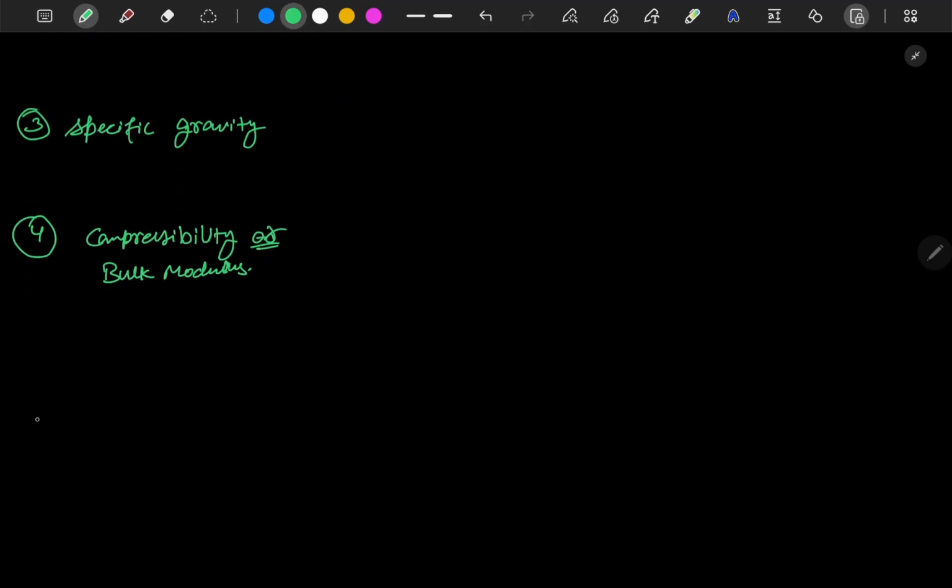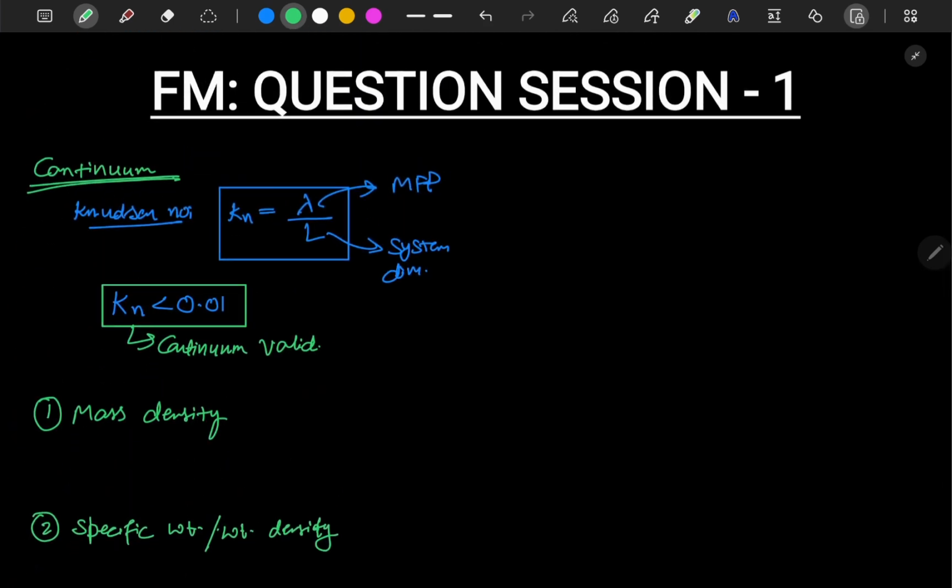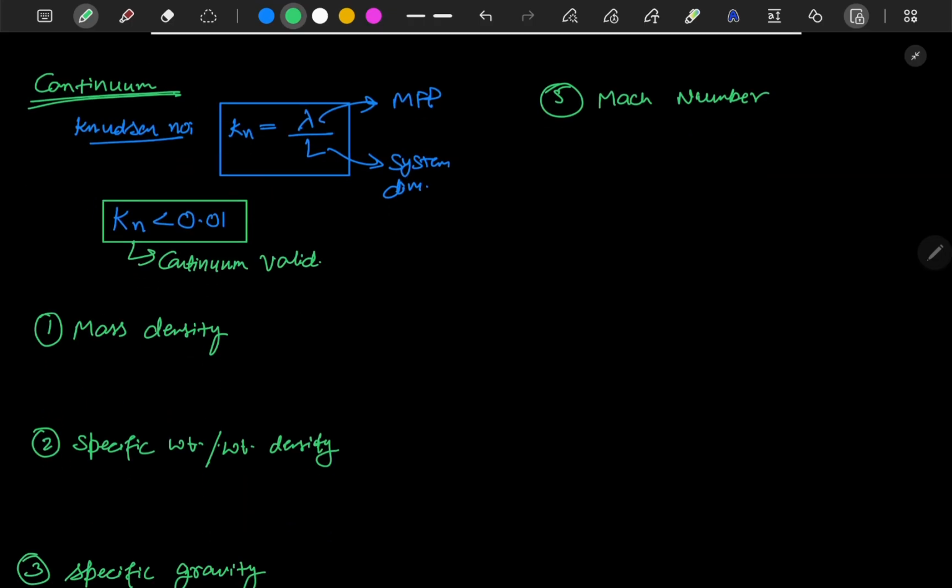Fifth property is your Mach number. Now next property is your viscosity, or dynamic viscosity.